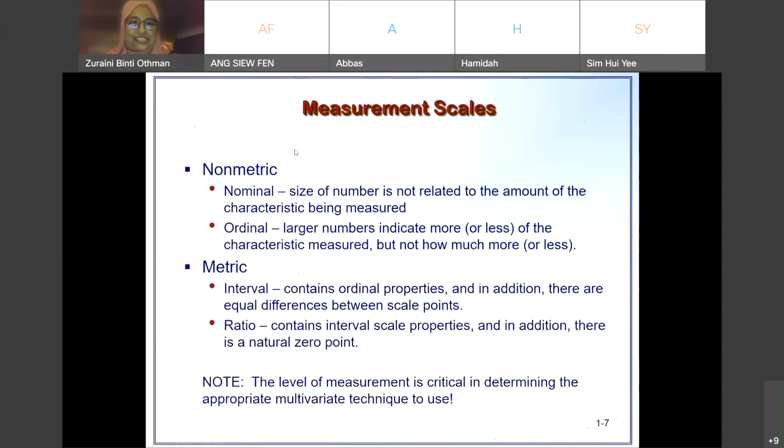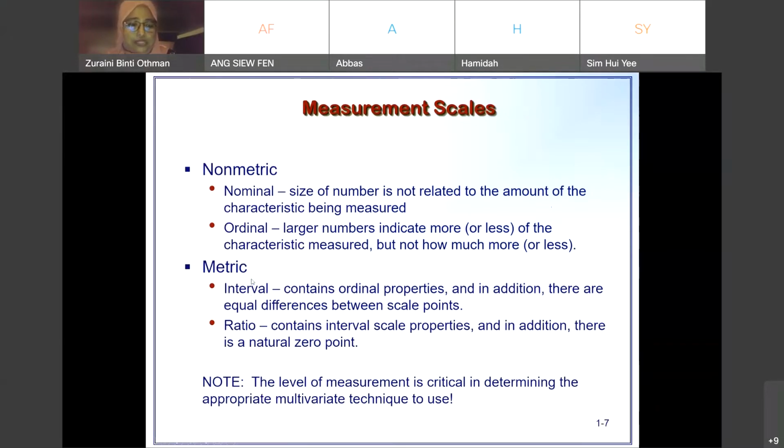This is the measurement scale for this data, which is non-metric: nominal, ordinal; and metric: interval, ratio. After this, we look at what nominal, ordinal, interval, and ratio are. For non-metric, nominal means the size of the number is not related to the amount of the characteristic being measured. For ordinal, a larger number indicates more or less of the characteristic measured, but not how much more or less.